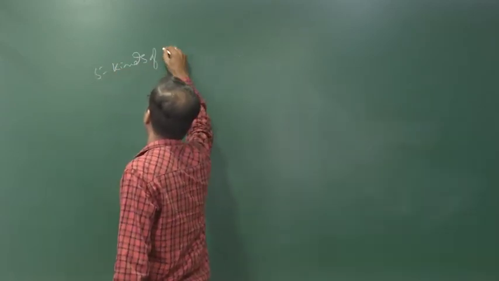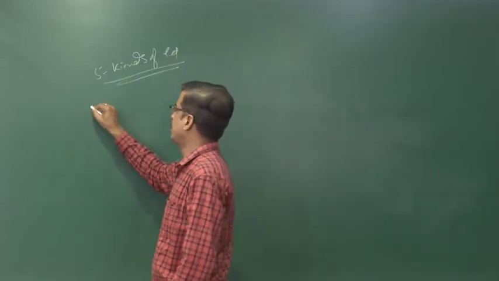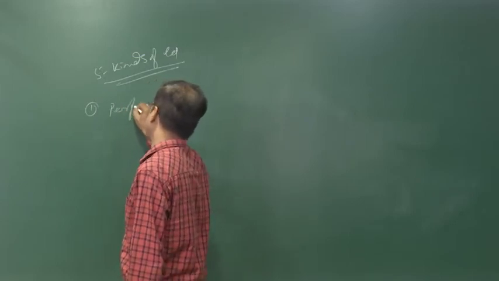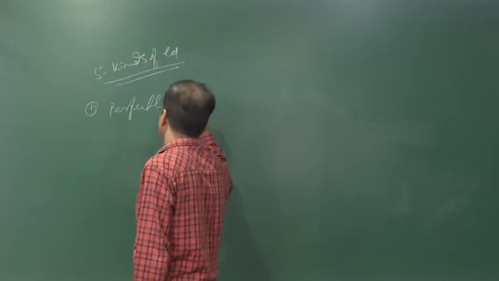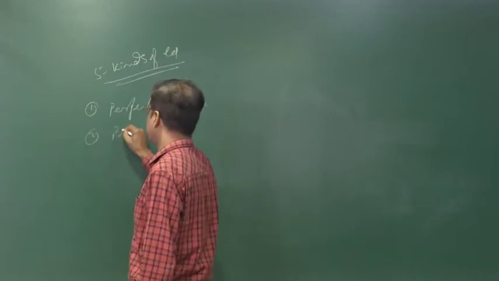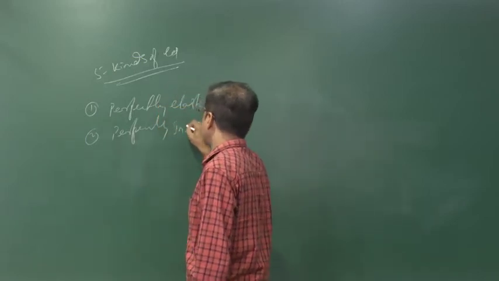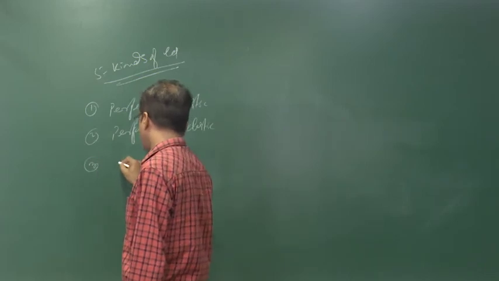5 kinds of elasticity of demand. The first one is perfectly elastic. Second, perfectly inelastic. Third, elastic.